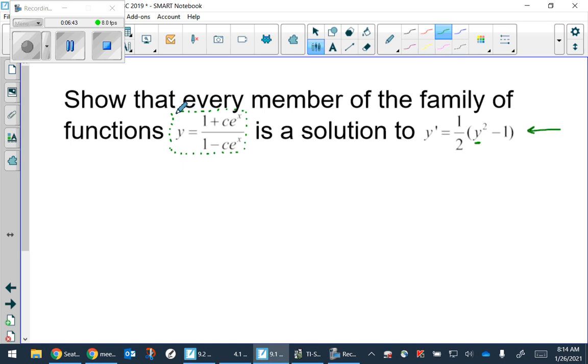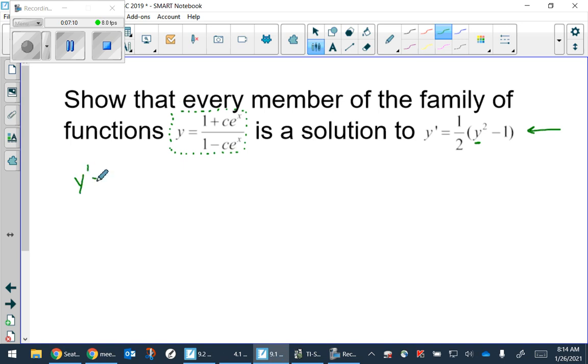Okay, Jack Dieter, can you tell me what the quotient rule is? Right church, wrong pew. Low D high minus high D low over low low, or low squared. All right. So that's a pain.